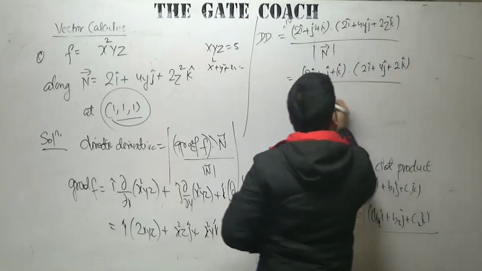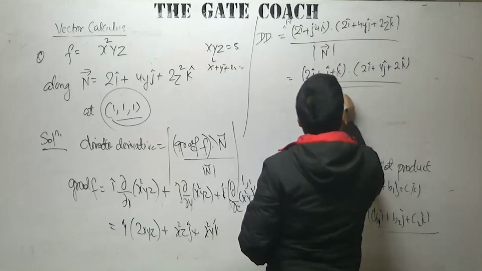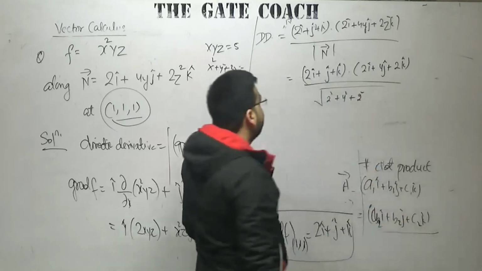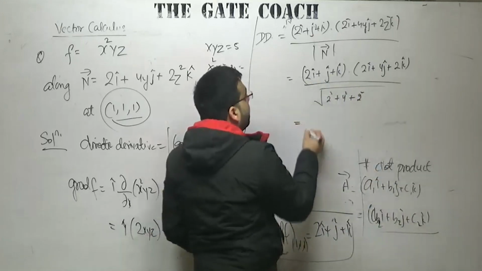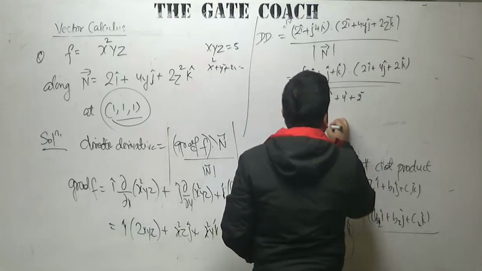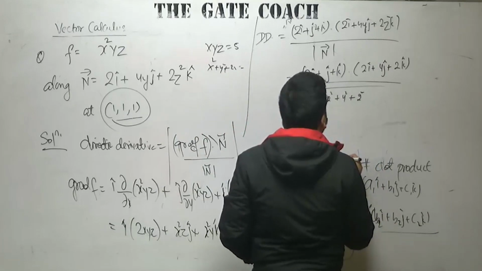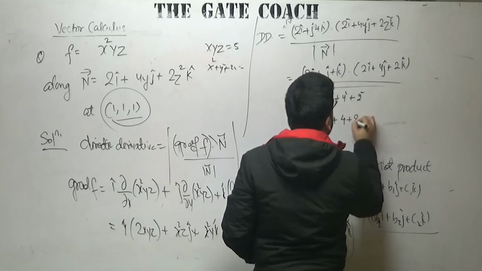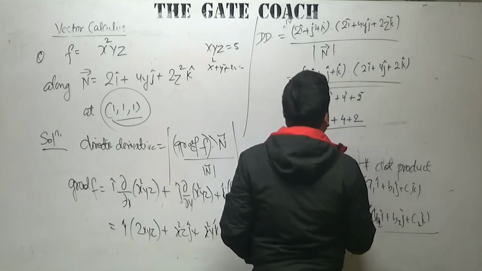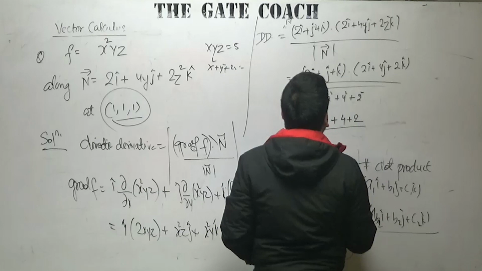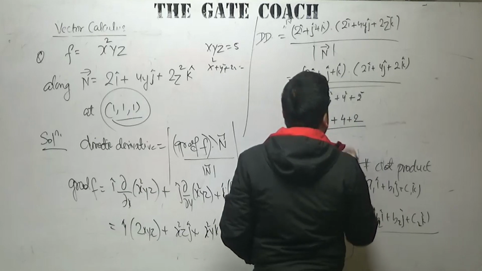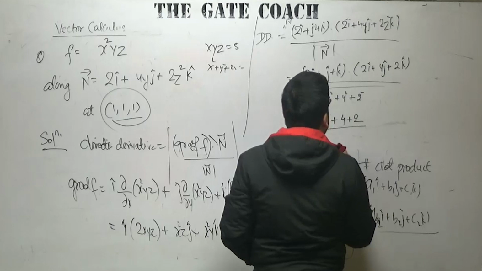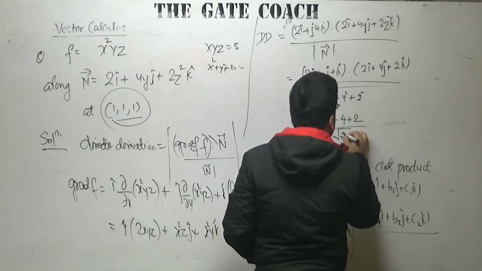Divide by the magnitude, which will be root of 2 square plus 4 square plus 2 square. 2 into 2 is 4, plus 4, plus 2, divided by root of 4 plus 16 is 20, plus 4, root 24.